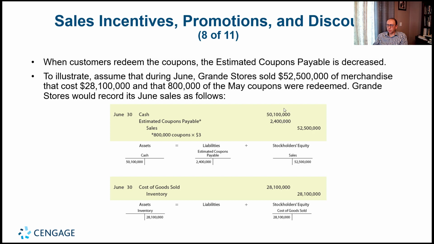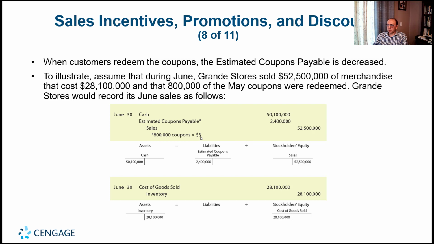We'll see how we're going to do the math in a second. The estimated coupon payable was $2.4 million, and the sales were $52,500,000. So we had $52.5 million of merchandise sales, and out of these 52.5 million, we have 800,000 that used coupons.